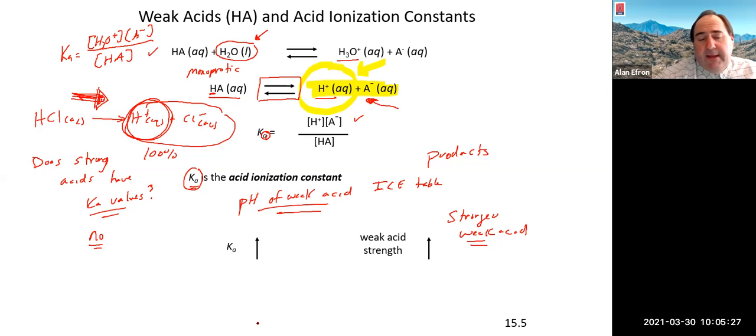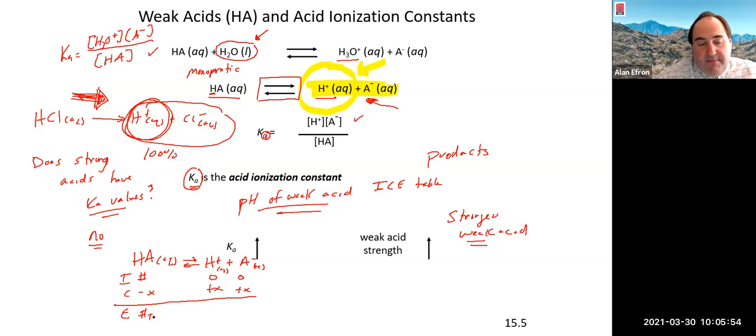So what would we be interested in the ice table? Well, if we look at the equation above, we have our acid breaking apart into our H plus and A minus in this particular case. And we do our ice table here, whatever number we have, 0, 0, minus X, plus X, plus X.